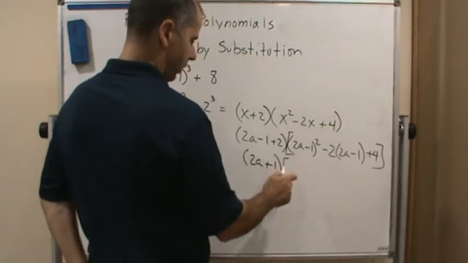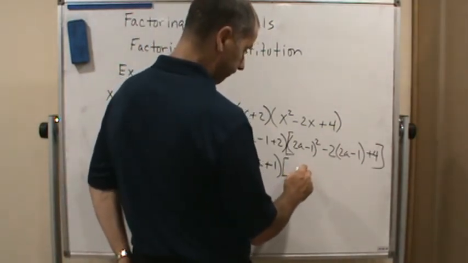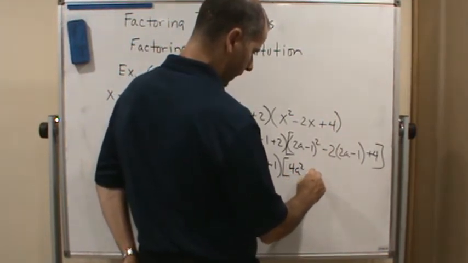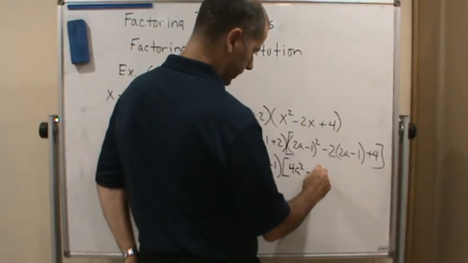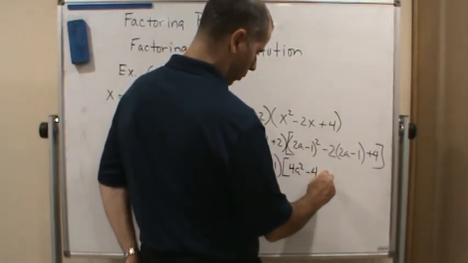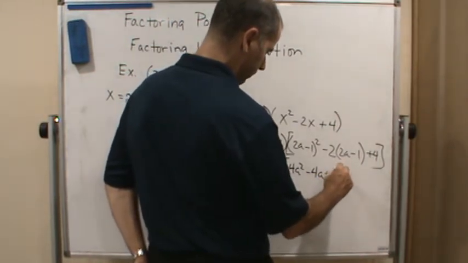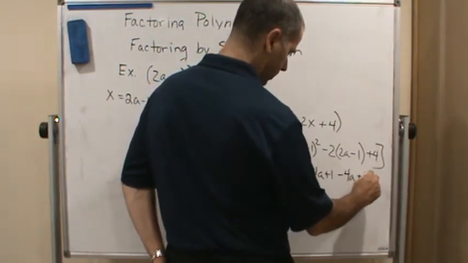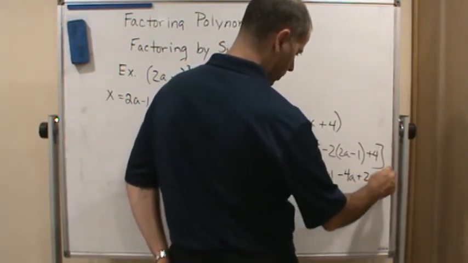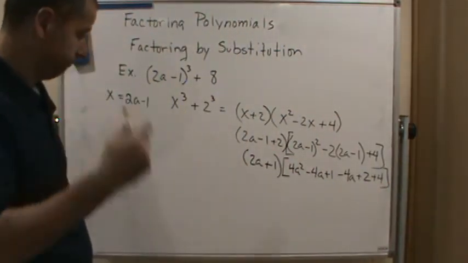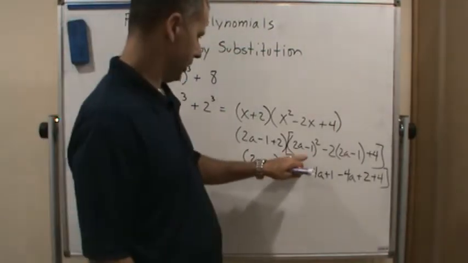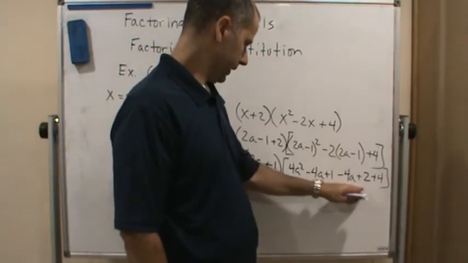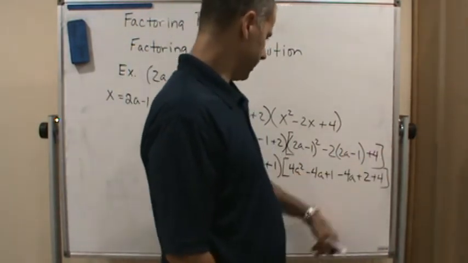And what happens here? This is going to be 4a squared minus 4a plus 1, and this is going to be minus 4a plus 2 plus 4. Again, all I did was FOIL this out to get that, and then I just distributed the negative 2 to get this. And then, of course, plus 4.